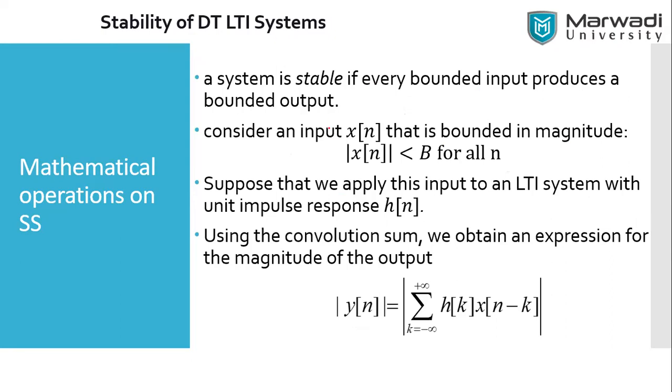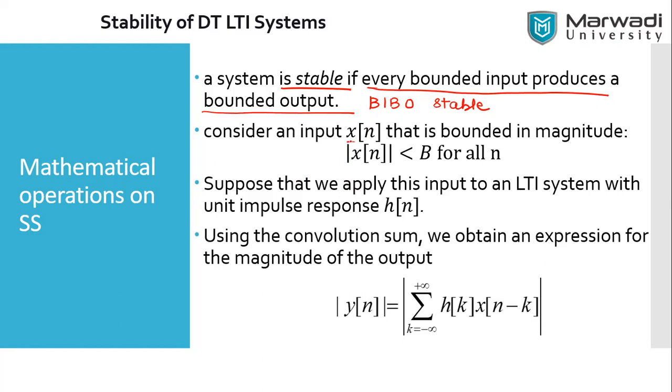A system is stable if every bounded input produces a bounded output. We call it BIBO stable system. Every bounded input produces a bounded output, then you call it BIBO stable system.